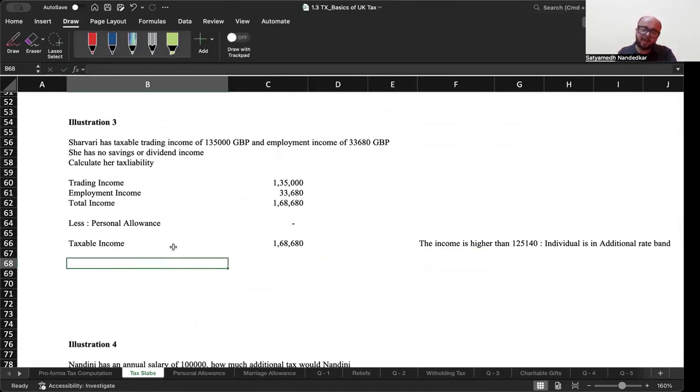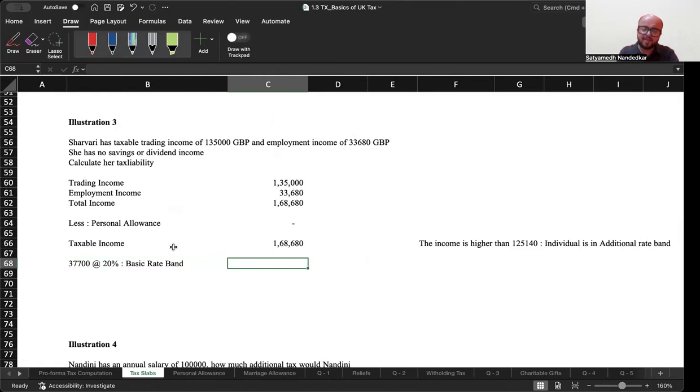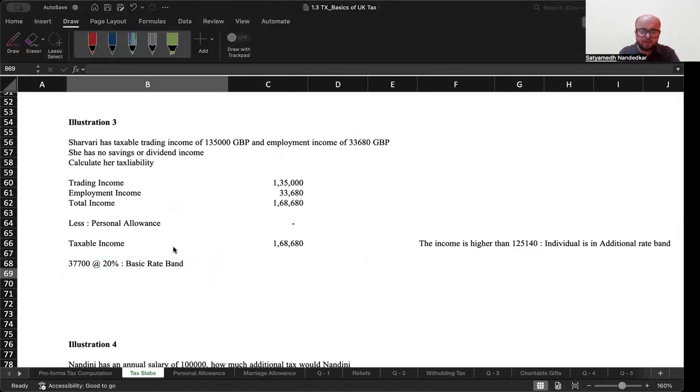Now again, understand how we apply the slab rates. On 37,700, tax at the rate of 20%, basic rate band. Then after that, what slot do you enter?